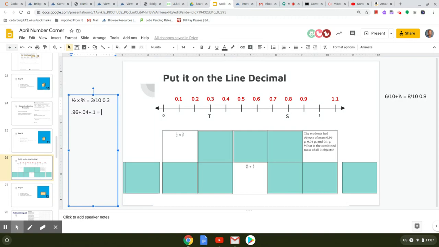Okay, so put all your decimals straight down in a line and then add your numbers in. If you need to add numerals so that everything is the same length, we can go 0.96, 0.04, and 0.10, right? But I know that 0.96 plus 0.04 equals 1 whole. And 1 whole plus 0.1 is 1.1.